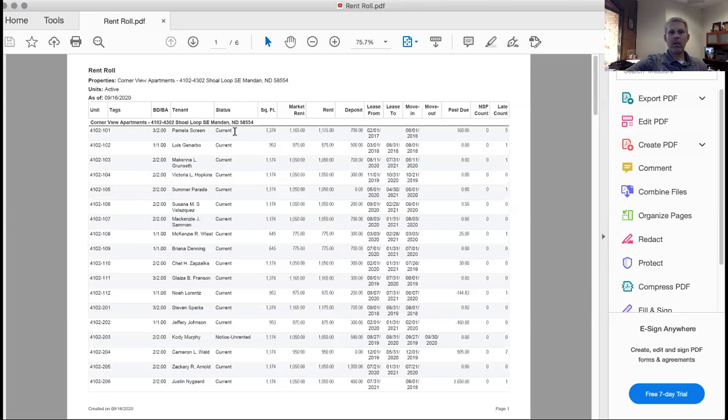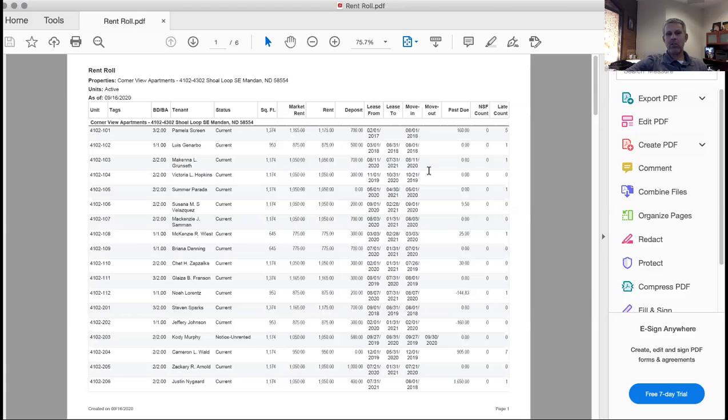They're current on their payments. It's 1,374 square feet. So we know that. How much are they paying in rent per month? What is the deposit they've received? And then the lease term. So lease from and the lease ends. And then when they obviously moved in and move out, if there's any past due.